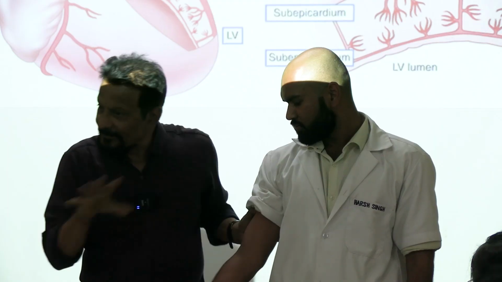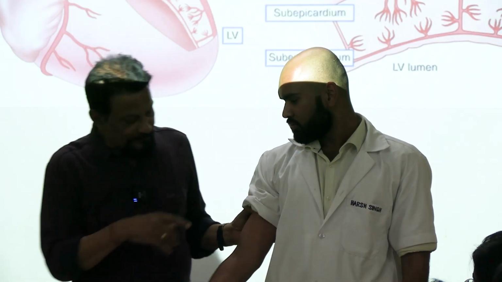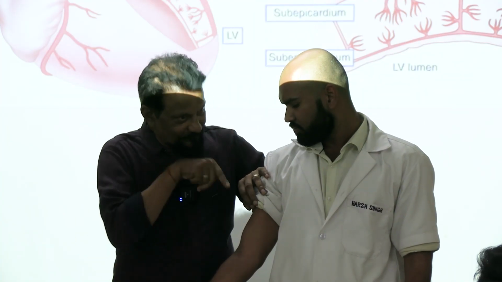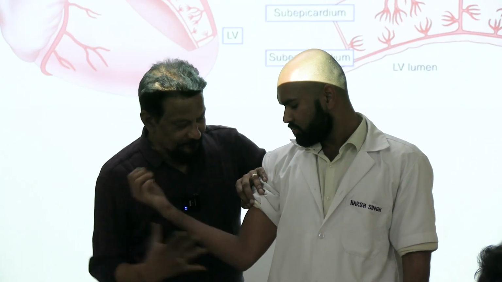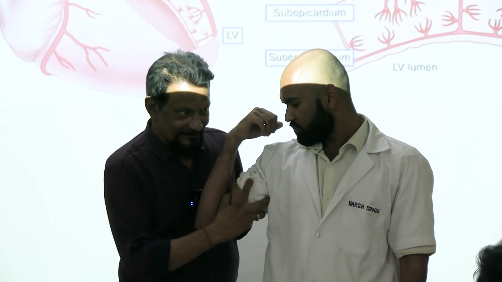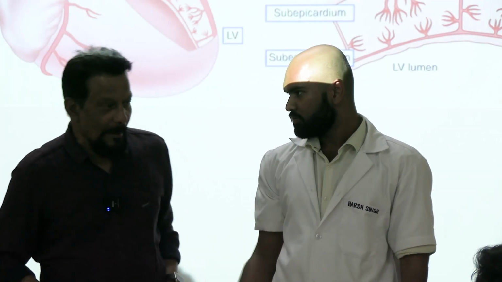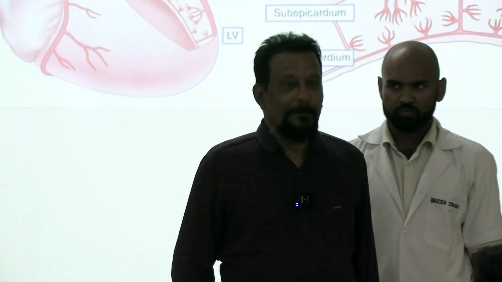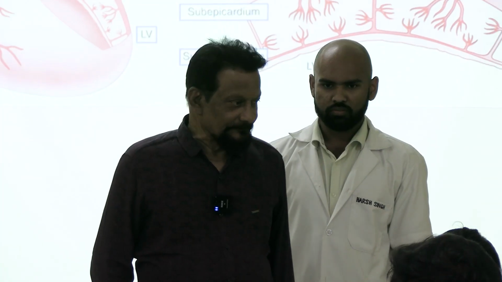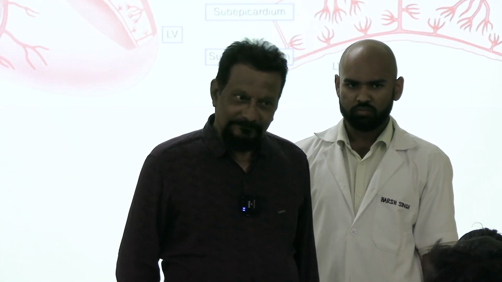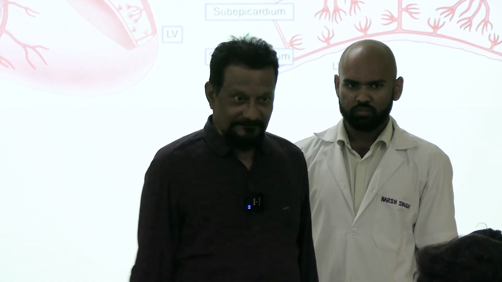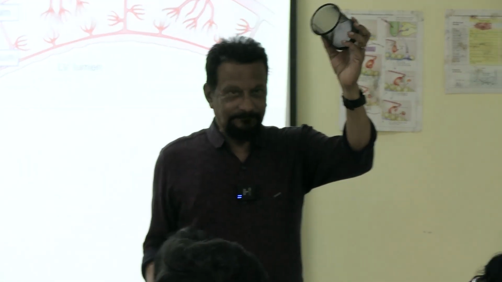Now blood is easily passing through the muscles. Now he is contracting this, squeezing this. What will happen to the blood vessels? This is the muscle and this is the blood vessel.